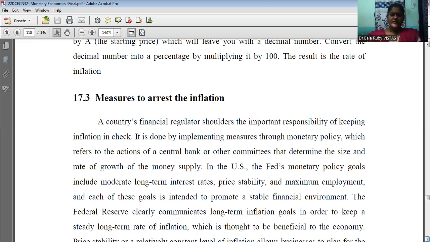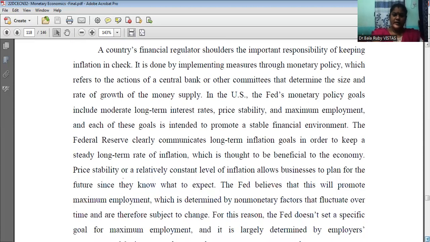The Federal Reserve clearly communicates its long-term inflation goals in order to keep a steady long-term rate of inflation, which is thought to be beneficial to the economy. As far as price stability, or a relatively constant level of inflation, is concerned, it allows businesses to plan for the future since they know what to expect.